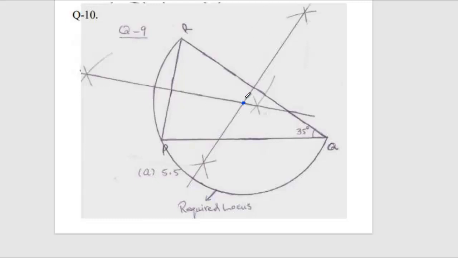So this is circumcenter, and the distance from this center to any vertex of the triangle is the radius of the circumcircle. So using this center and the radius equal to the length up to any vertex, we have drawn this circle. We have to draw only this part of the circle because this is our required locus. So this is the part of the circle which is our required locus.